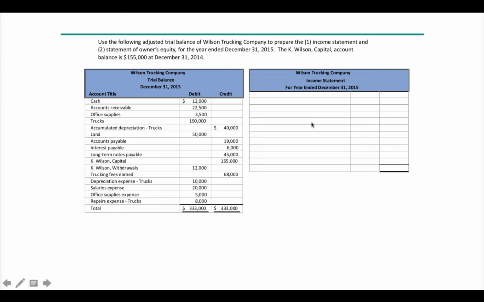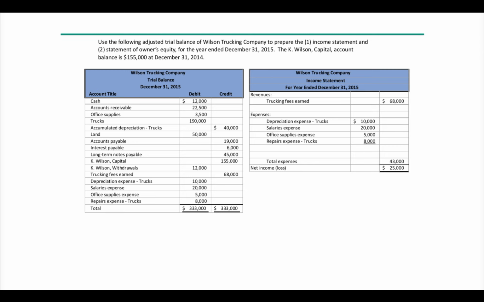Okay, so for revenue, we've got $68,000 trucking fees earned. For expenses, $10,000 depreciation expense, $20,000 salaries expense, $5,000 office supplies expense, $8,000 repairs expense for trucks. Together, they total $43,000, which gives us a $25,000 net income.